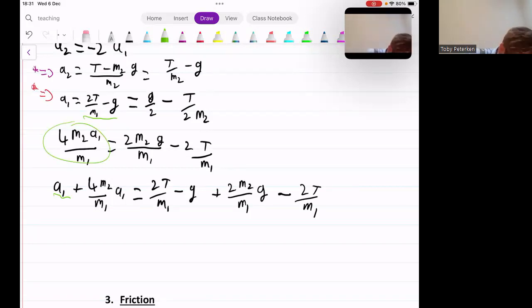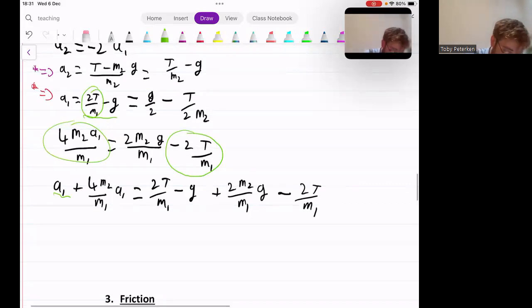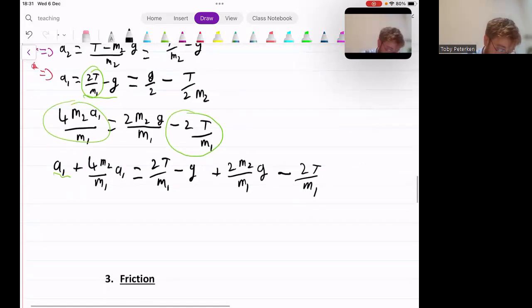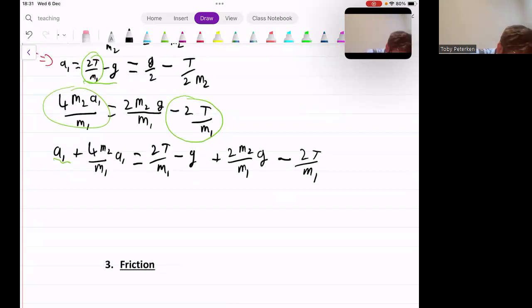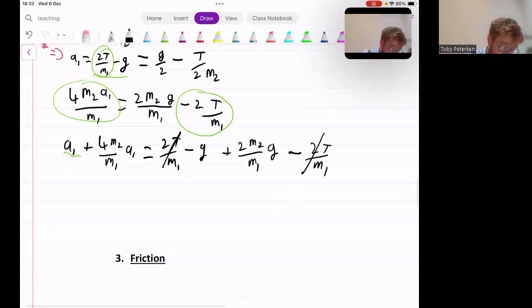But what's important is that the term that includes the tension here is the opposite of the term that includes the tension here. So that means this term cancels with this term.